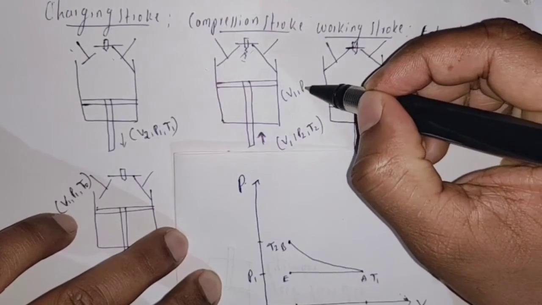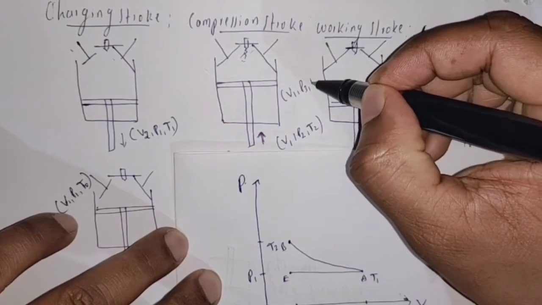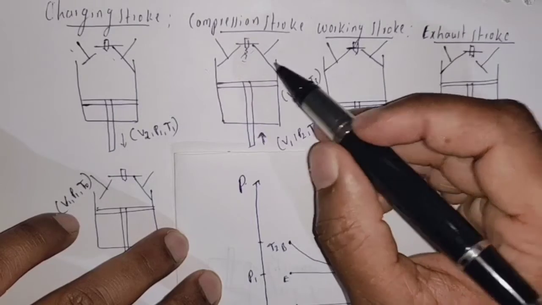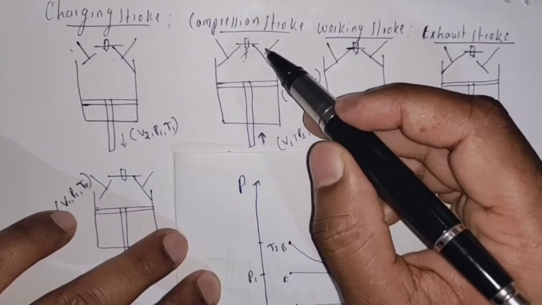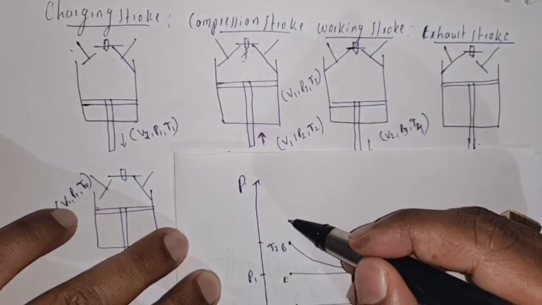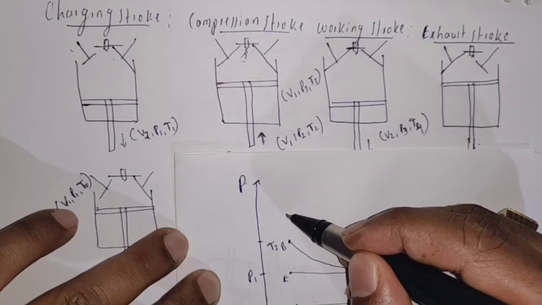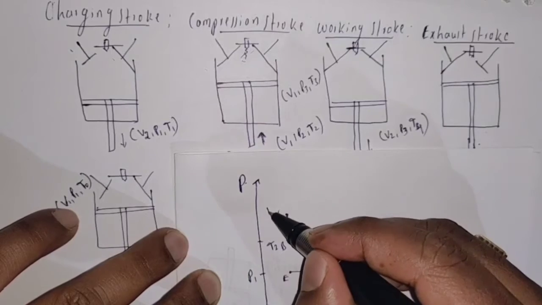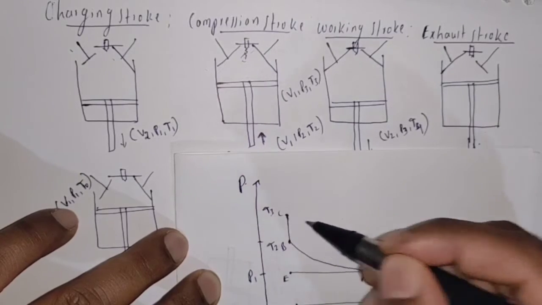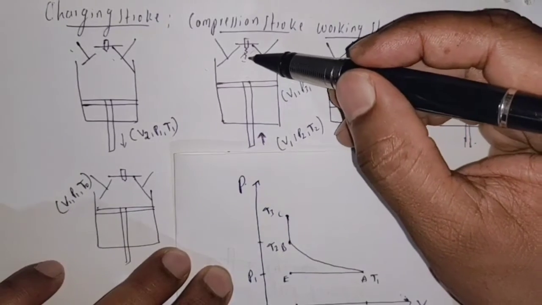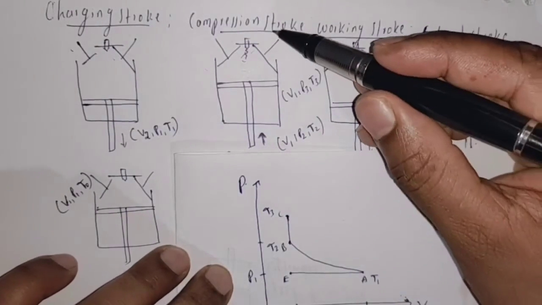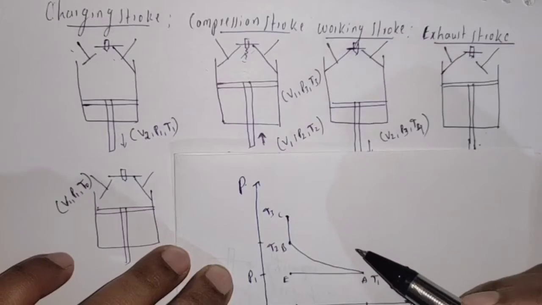There is a change in pressure and temperature but the volume remains the same at the end of the compression stroke, which we have already studied. I am going to represent this by BC, with temperature T3. BC represents the combustion produced in the cylinder.